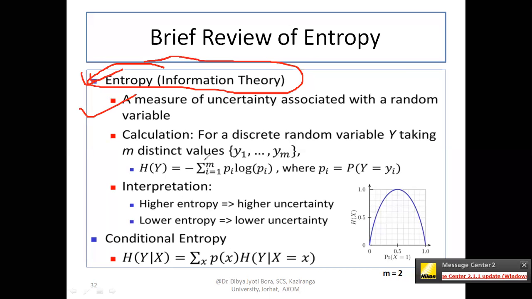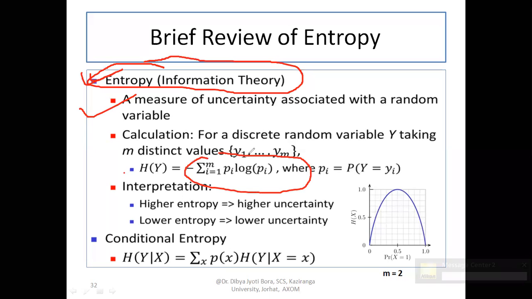And to calculate this, we need to use a formula, and that is this one: minus the sum for i goes from 1 to m of p_i log p_i. Now these values run from 1 to m, that is y1 to ym. So we need to find out whether this has this level of uncertainty or that level of uncertainty.